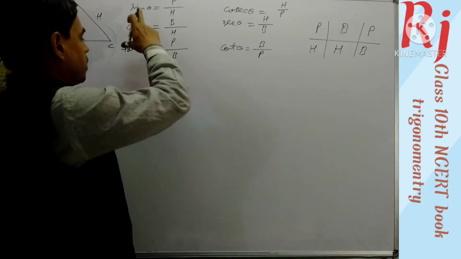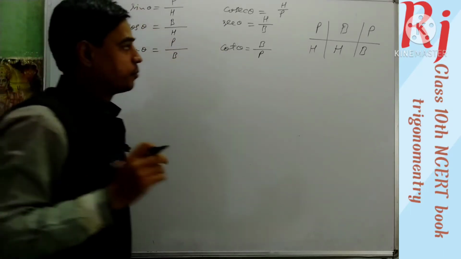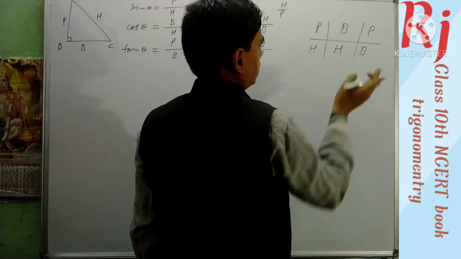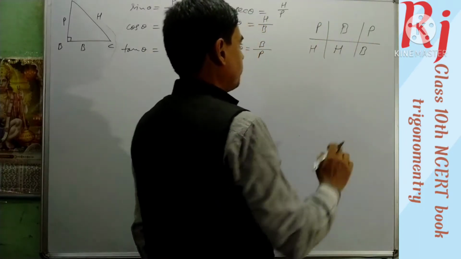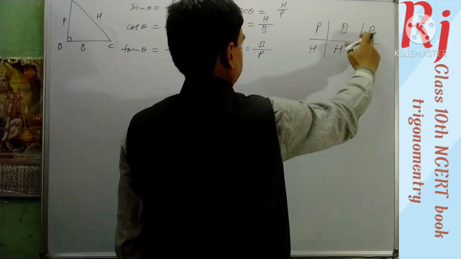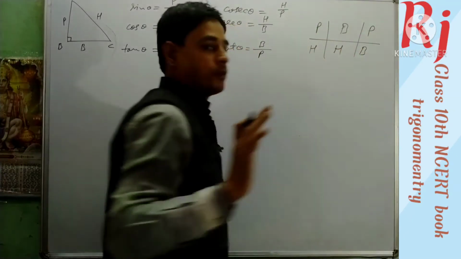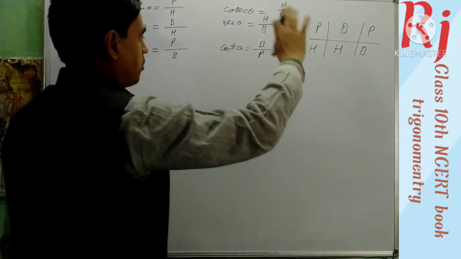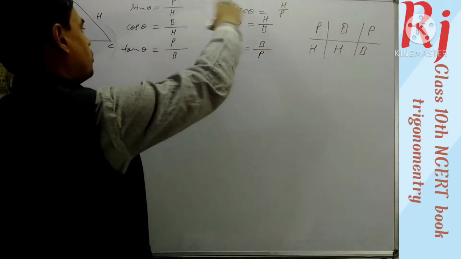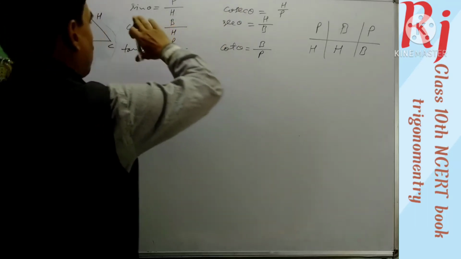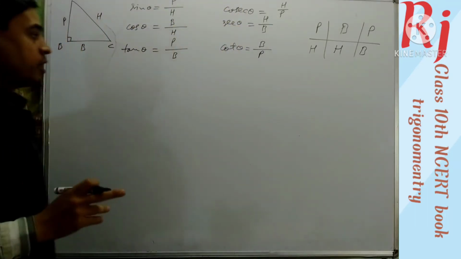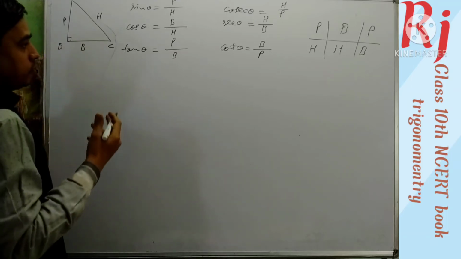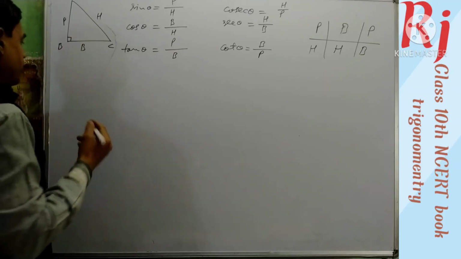These are known as ratios. You can learn these words this way: Pandit Badri Prasad Har Har Bole. From this table you can come to know all the ratios of trigonometry. And now we are going to learn some more formulae.